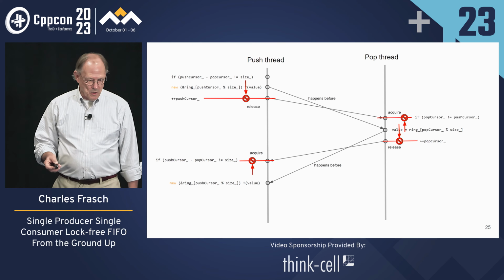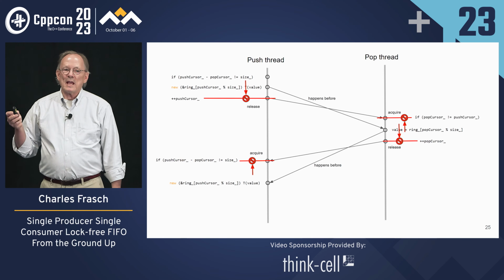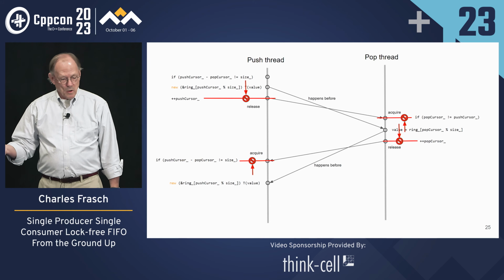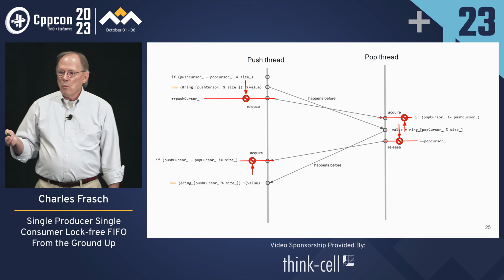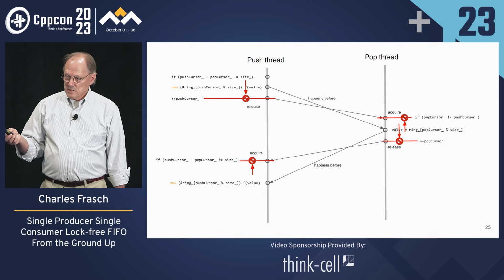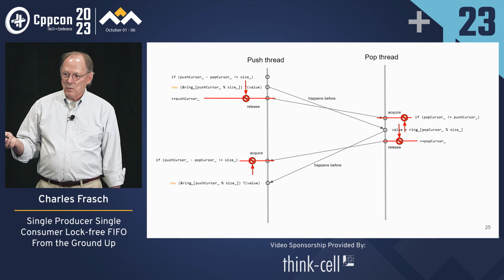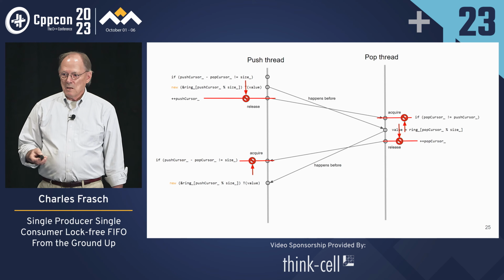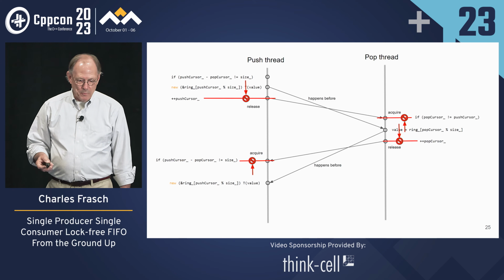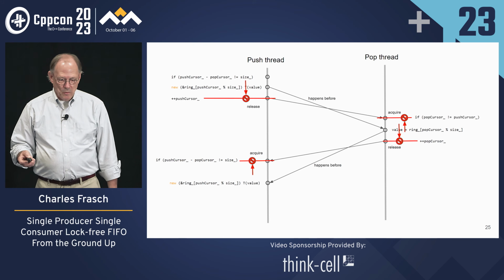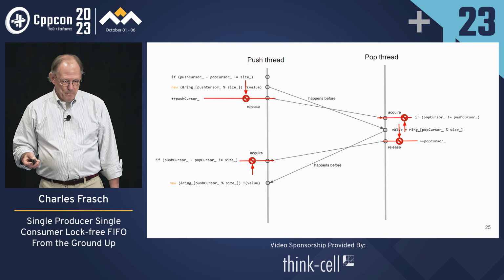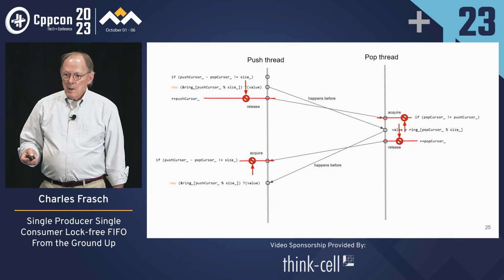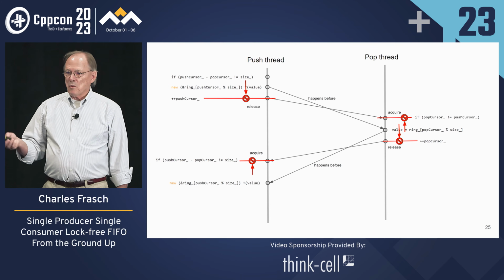If we look at the push cursor increment, when the increment is completed, the push cursor gets stored. The store operation with sequentially consistent ordering constraints creates what's called a release operation. Over on the pop thread, when we load the push cursor, that creates an acquire operation.